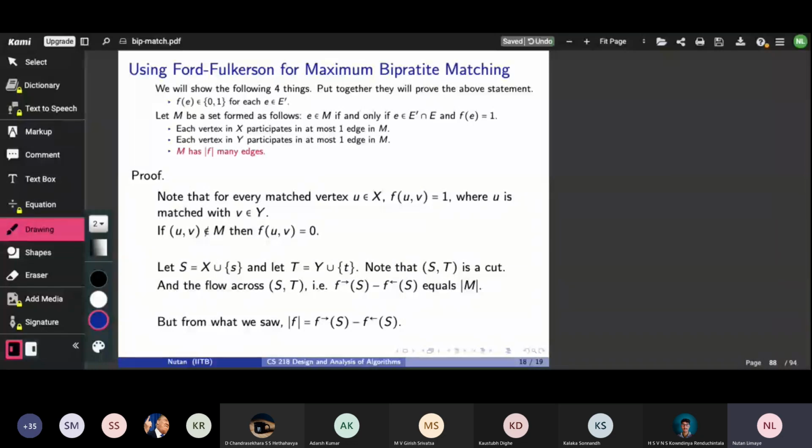But from what we saw, the value of the flow must be equal to flow out of S minus flow into S. And therefore, that equals cardinality M. So that basically finishes the proof that M has cardinality F many edges. And now that we've shown all the 4 observations one by one, we have the entire proof for the statement we were trying to show.